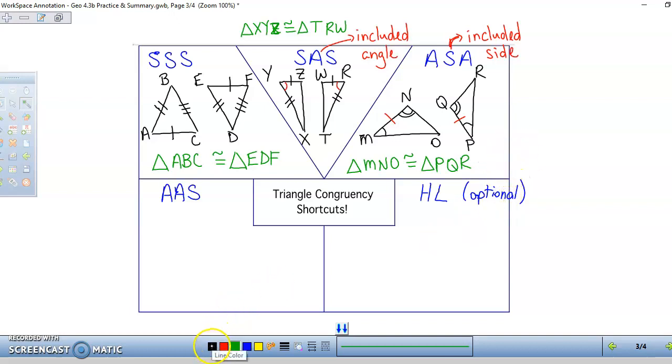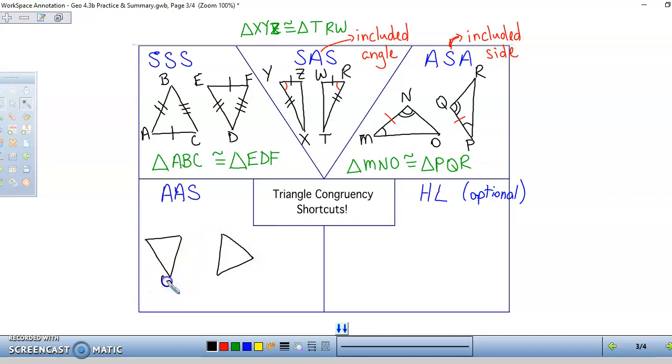Okay, next one is angle, angle, side. Let's say I have my 2 triangles. Maybe I'll turn this one a little bit sideways, like that.